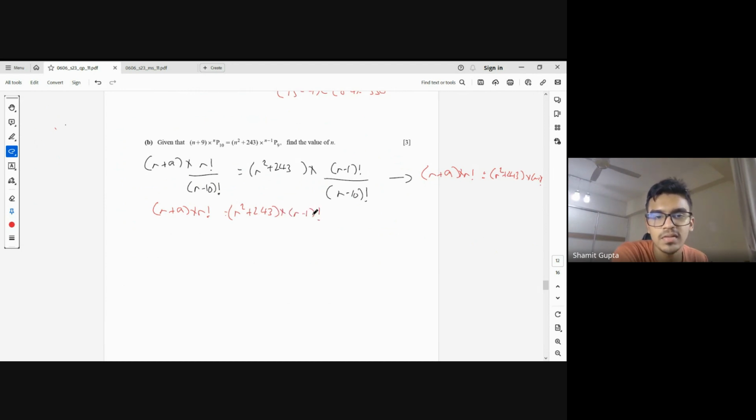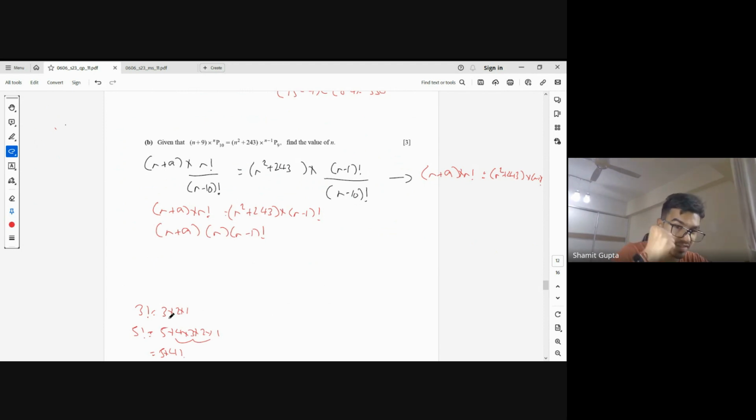Now the key thing here is that 3 factorial is equal to 3 times 2 times 1, right? 5 factorial is equal to 5 times 4 times 3 times 2 times 1. You can actually think of this as 5 times 4 factorial. So can I think of n factorial as n times n minus 1 factorial? The first number times the one number less factorial.